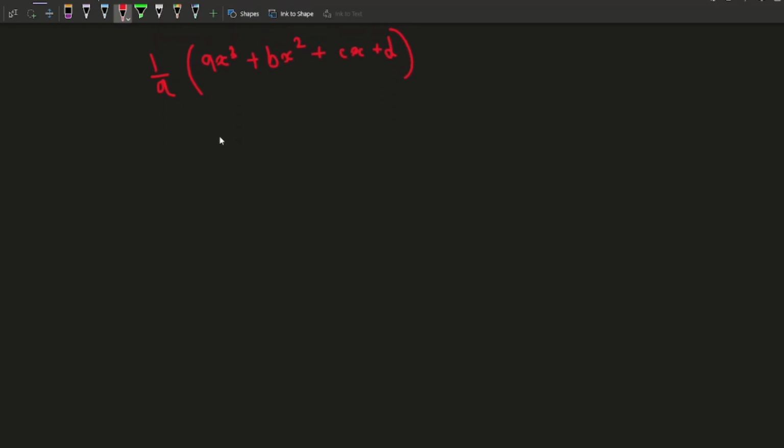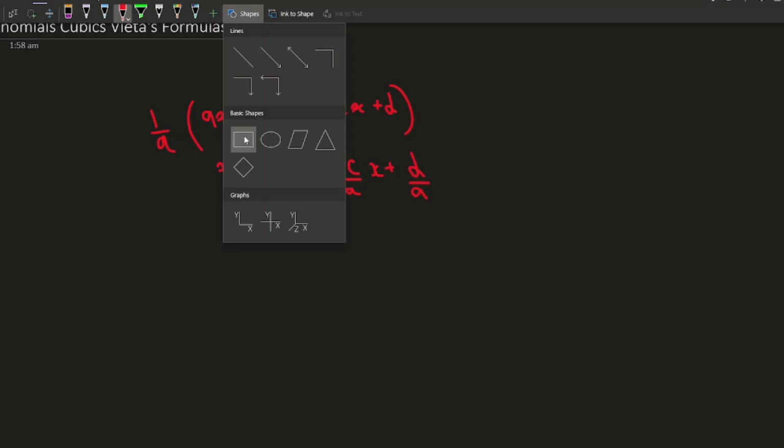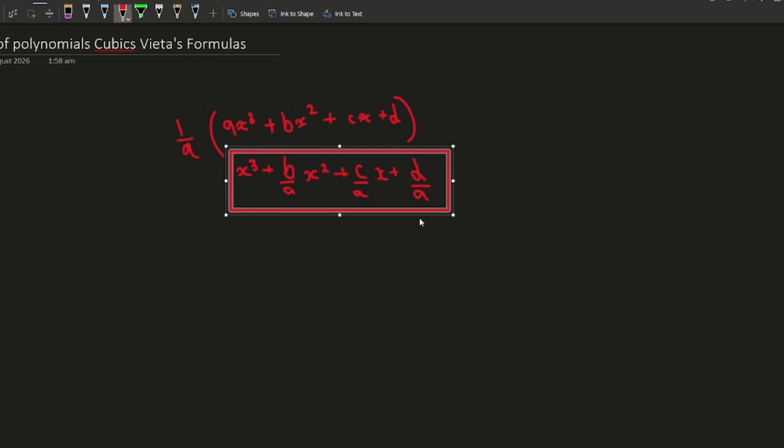Okay, so now this will be x cubed plus b over a x squared plus c over a x plus d over a. So now we have this as our cubic equation.